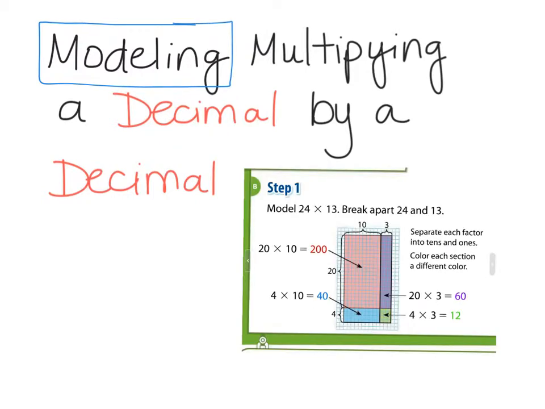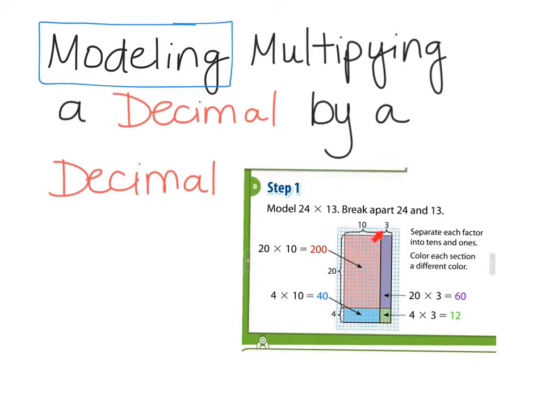Okay, so let's remember what it looks like to model a whole number multiplication problem on a grid. When we're modeling a whole number times a whole number on a grid like this, we're picturing using the base 10 blocks.